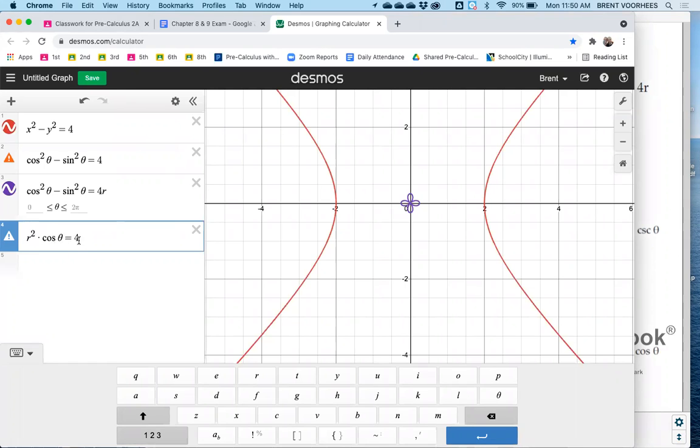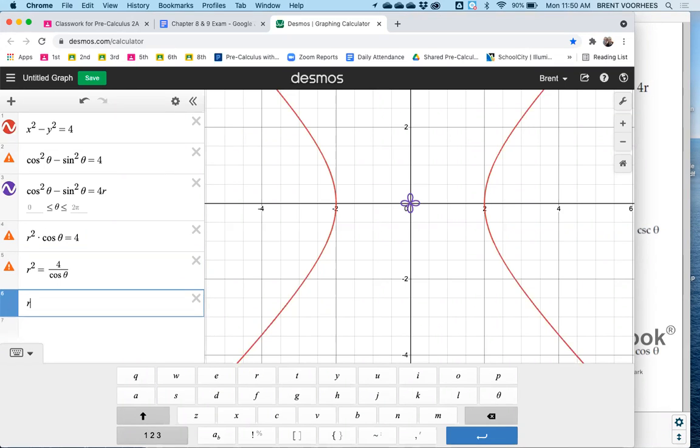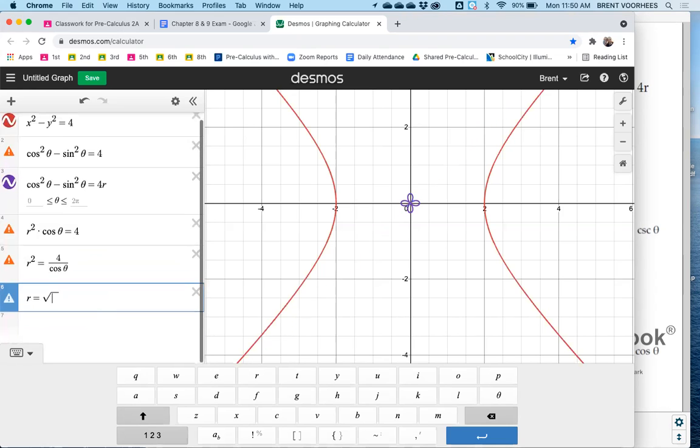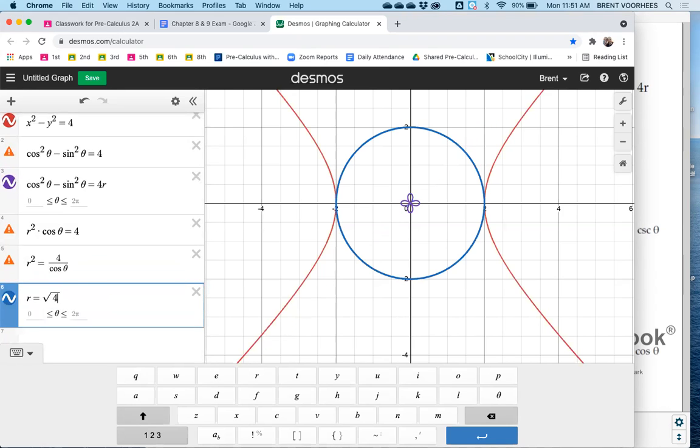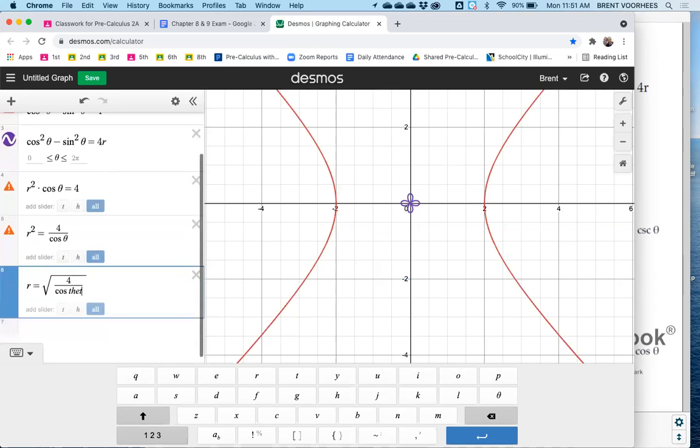Since that r squared is multiplying cosine, I would have to do a couple of algebra steps. I first divide out that cosine, and then secondly, I would take the square root. So r would equal the square root of 4 divided by cos theta.